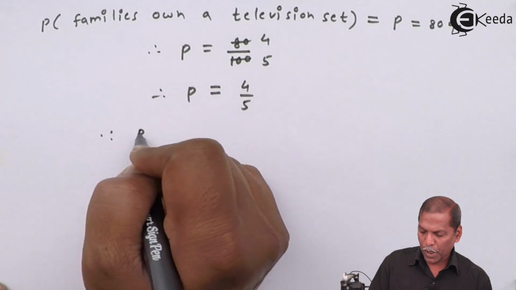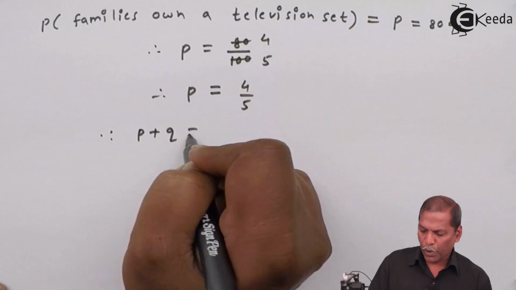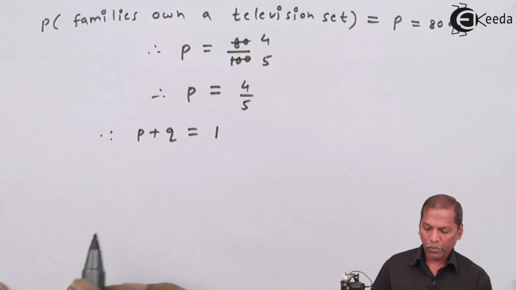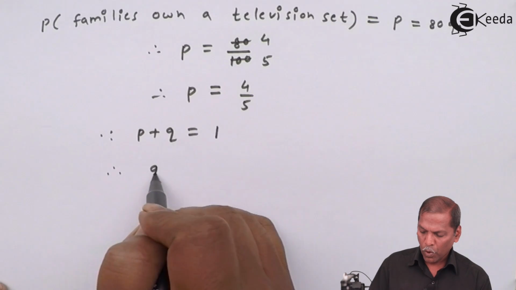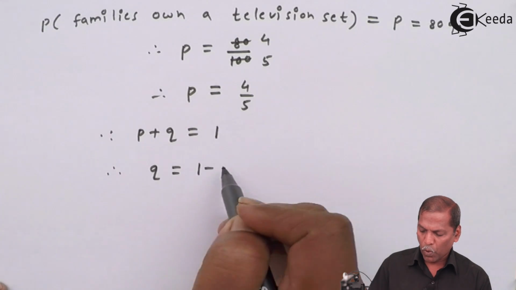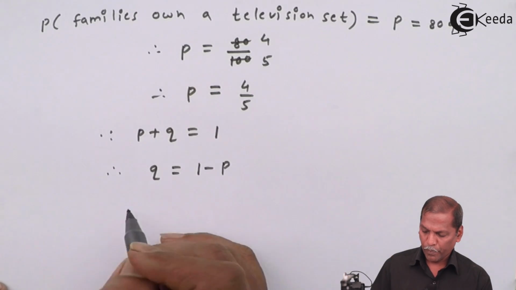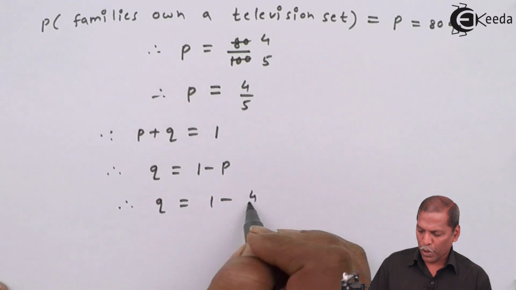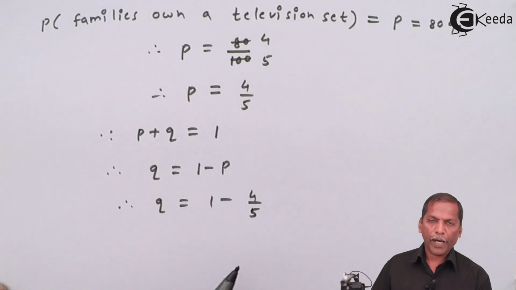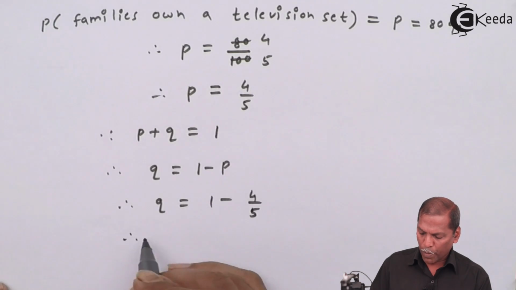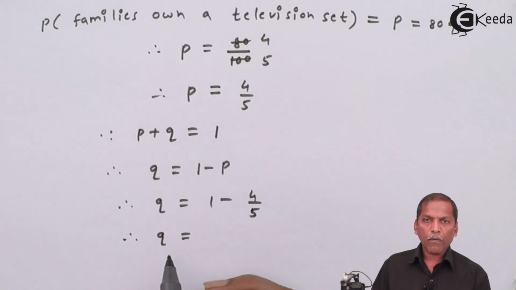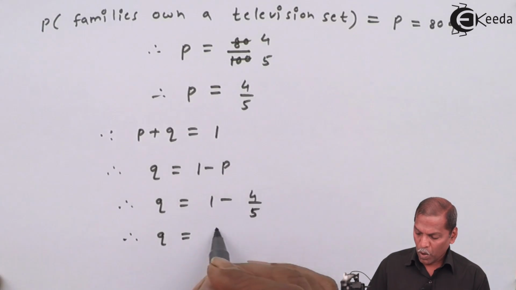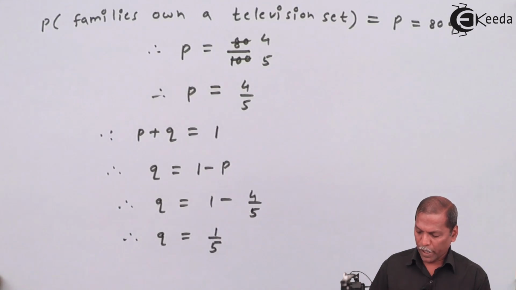Now since P plus Q is equal to 1, therefore Q equal to 1 minus P. Therefore Q equal to 1 minus 4 upon 5. On cross multiplying, we get 5 minus 4 upon 5, that is 1 upon 5.